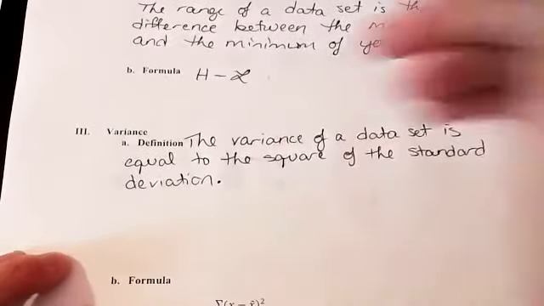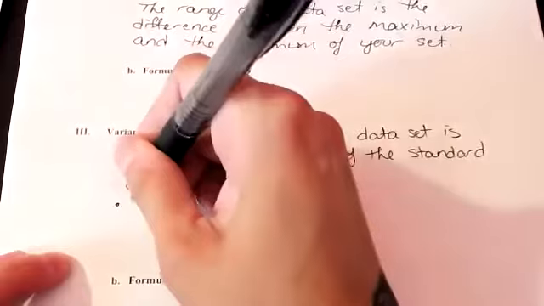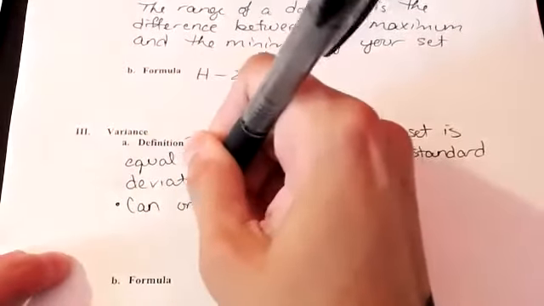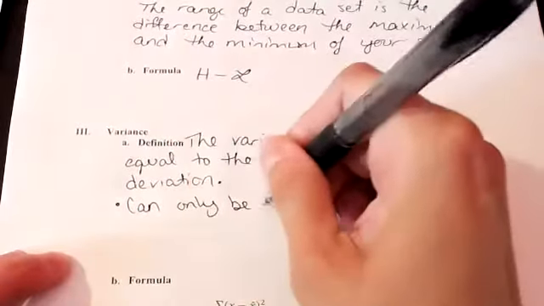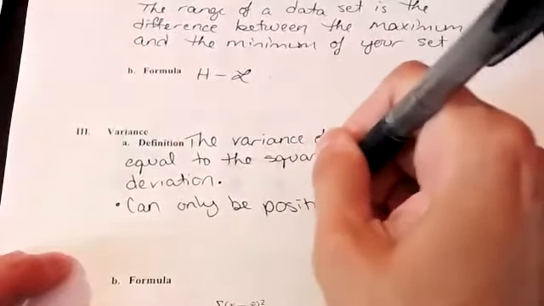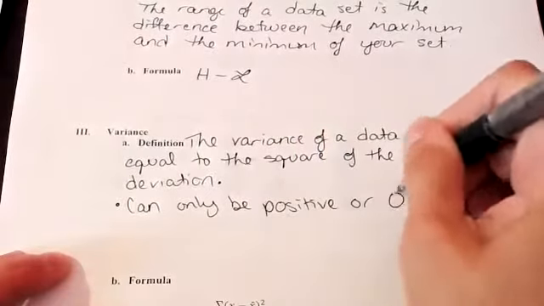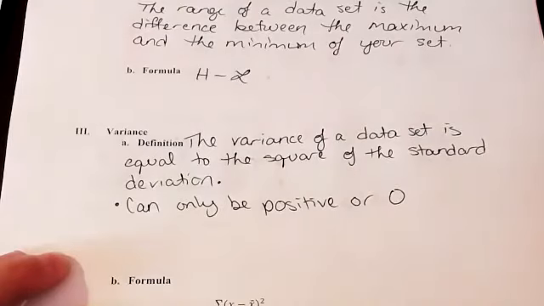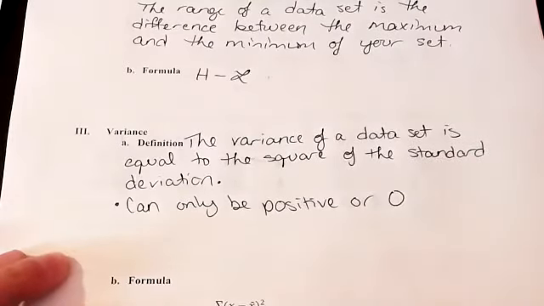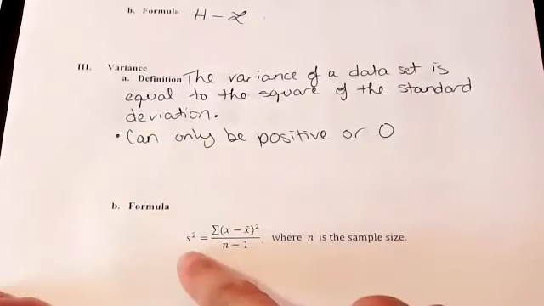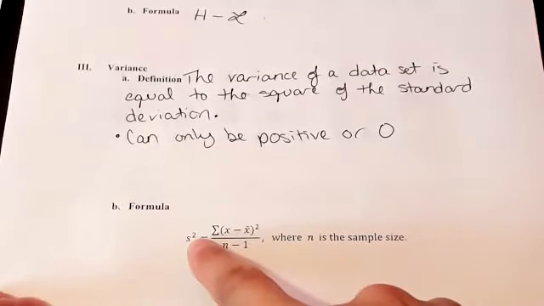We should note that variance can only be positive or zero. Okay. The notation for variance for a sample is actually S squared.